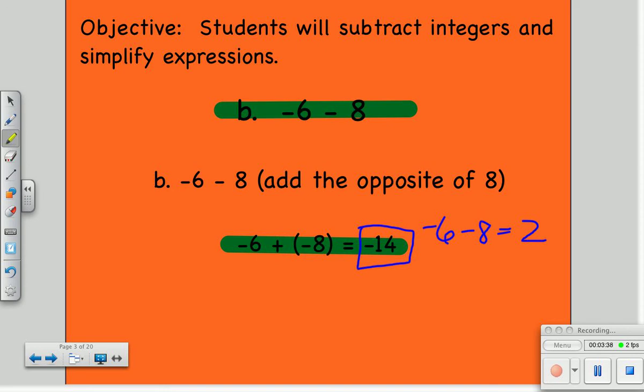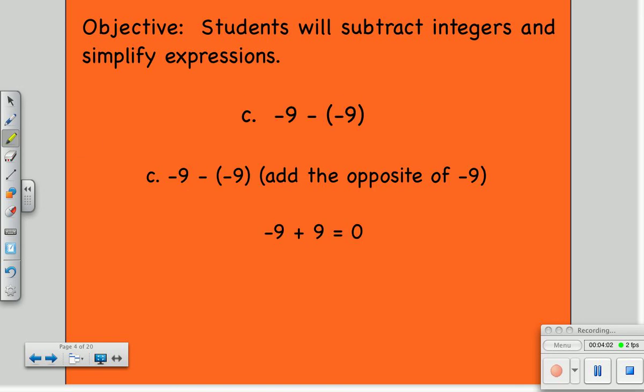Either way, it's wrong. Since I still see this happening, and it's incorrect, it will be incorrect every time. We really need to get used to changing subtraction to addition, because I think your chances of getting this correct are much better. So let's rewrite it that way.